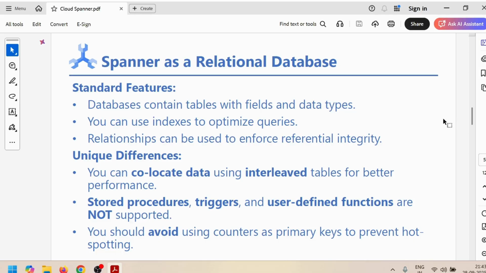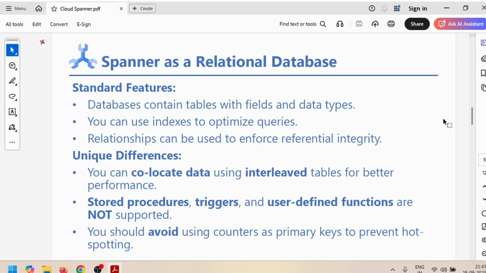Because Spanner partitions data into splits based on the lexicographic order of the primary key. So if your key is a monotonically increasing value, such as any counter like 1, 2, 3 or a timestamp, then all these new inserts will target the end of the key range, which maps to a single split.